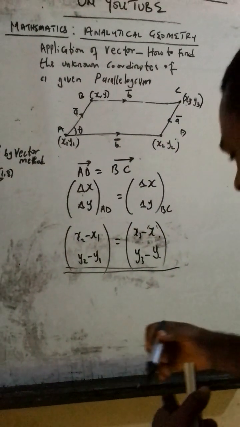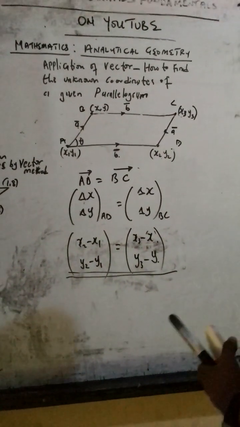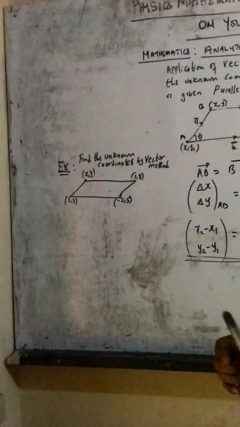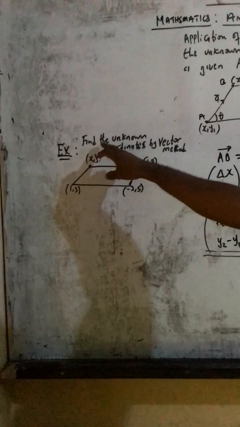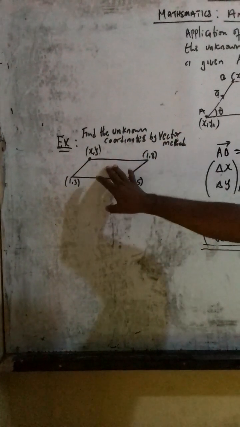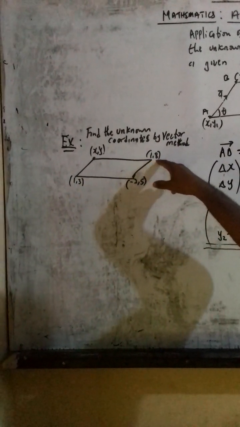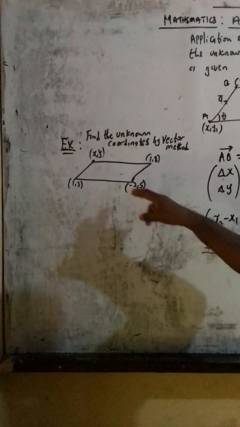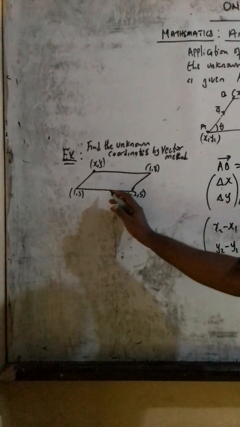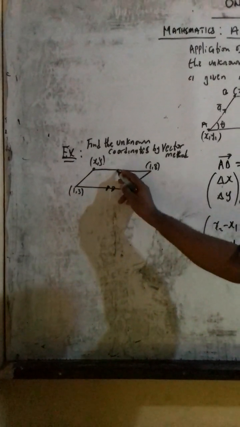Now let's quickly go to solving a particular exercise. Look at this expression that we have here. The question says find the unknown coordinates by vector method of this. We are given the coordinates 1, 8, 1, 3, 2, 5 and x, y for this particular parallelogram.